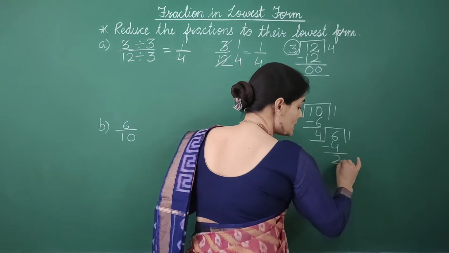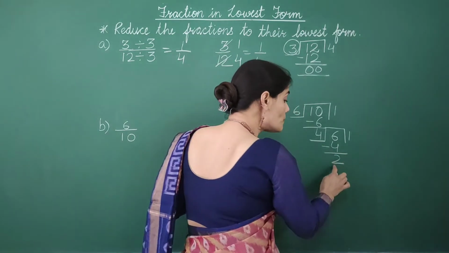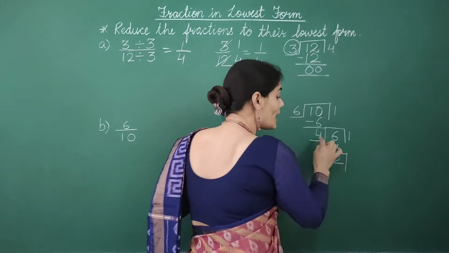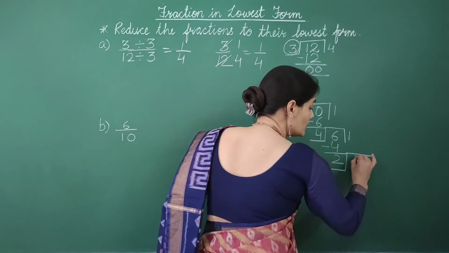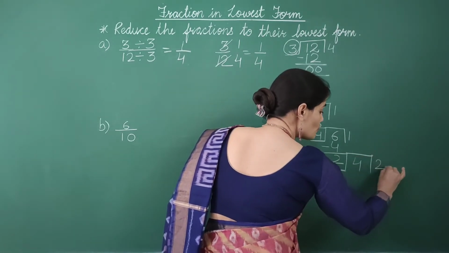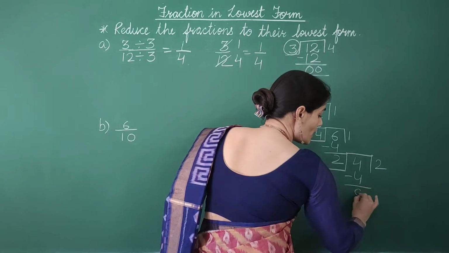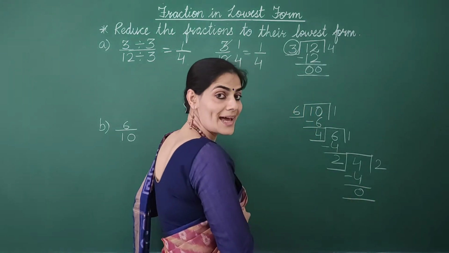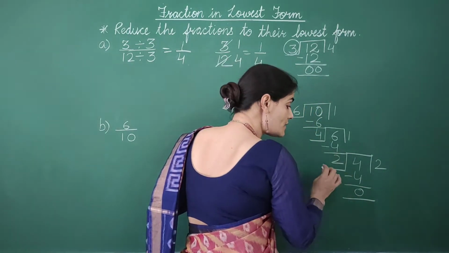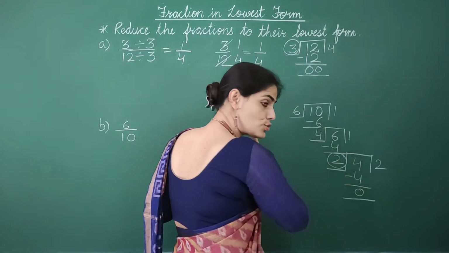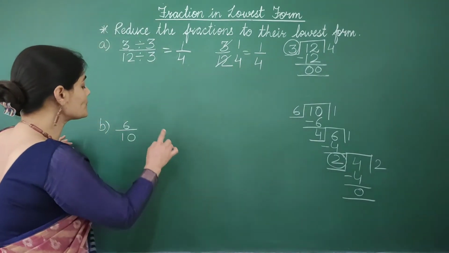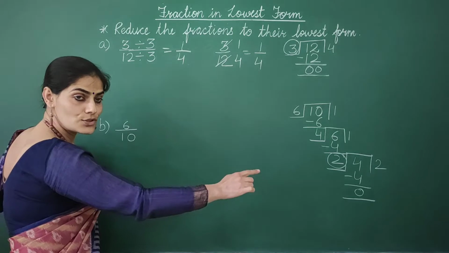The remainder here is 2. Now 2 becomes the divisor and 4 becomes the dividend. 2 twos are 4. Now we have got the remainder as 0. Now what was the divisor here? The divisor was 2. So the HCF of 6 and 10 is 2.